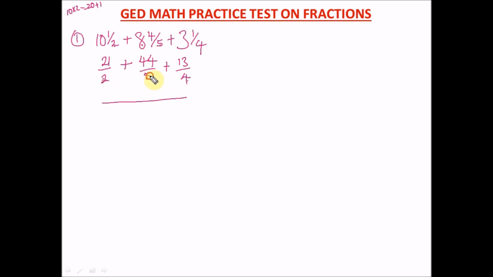So 2 times 5 is 10. Can we get a multiple of 4 from 10 without a remainder? No. If 10 is divided by 4 you're going to have a remainder, so 10 is not the least common multiple of these 3 numbers.